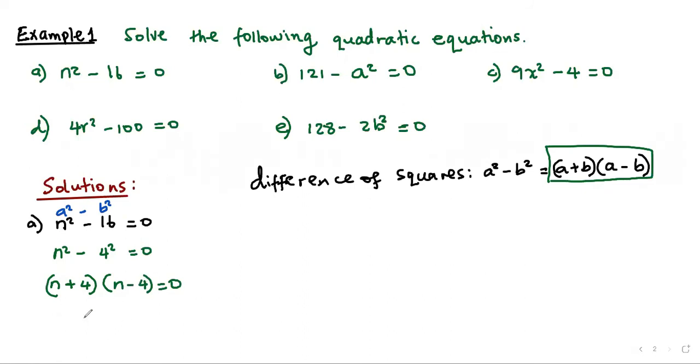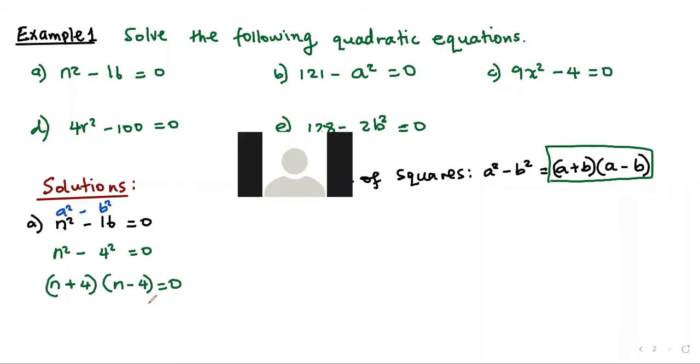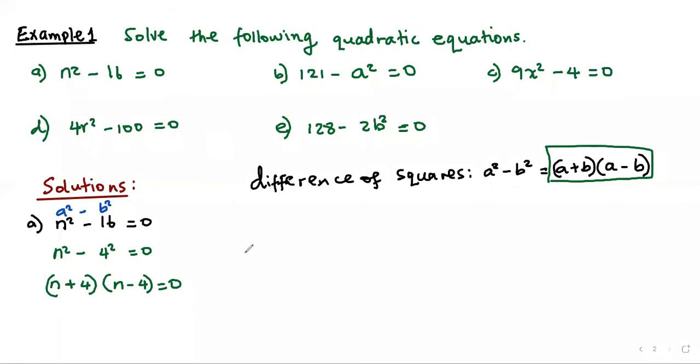Now, this will be the same as what we looked at last time. So we say that in order to get this 0, it means that maybe n plus 4 is equal to 0, or n minus 4 is equal to 0.